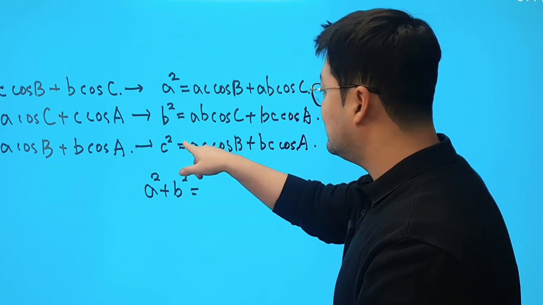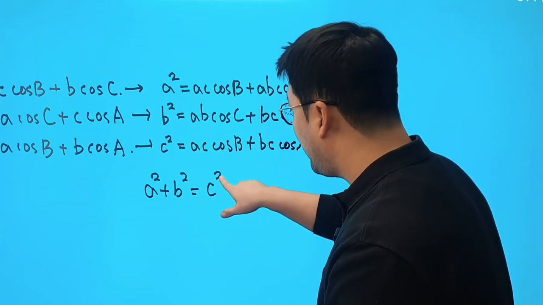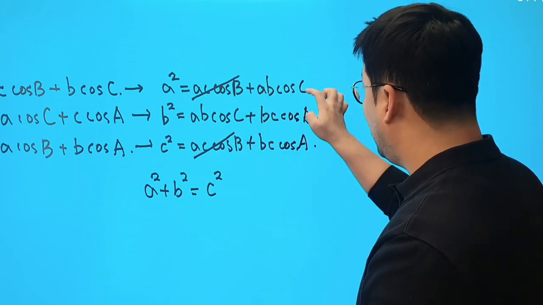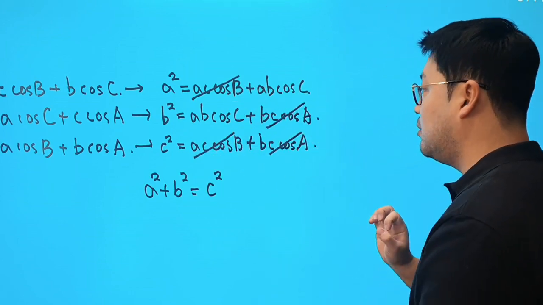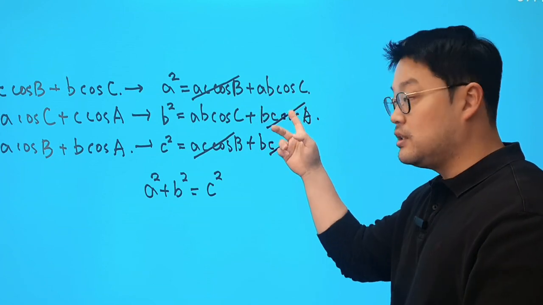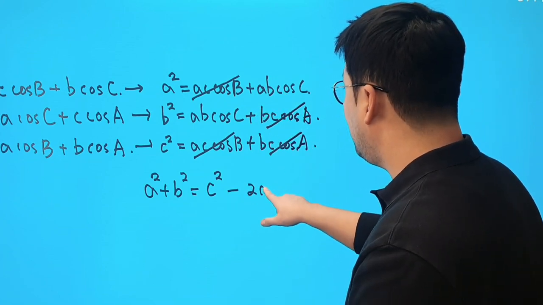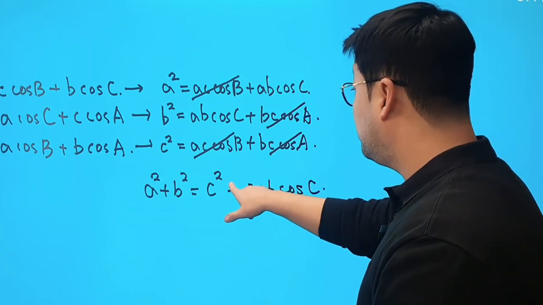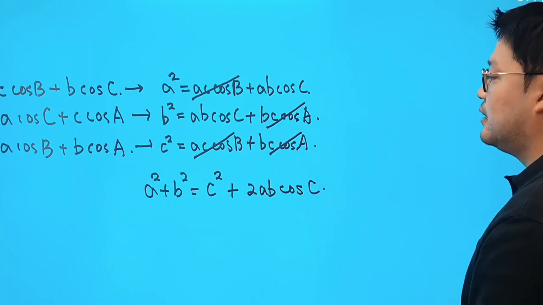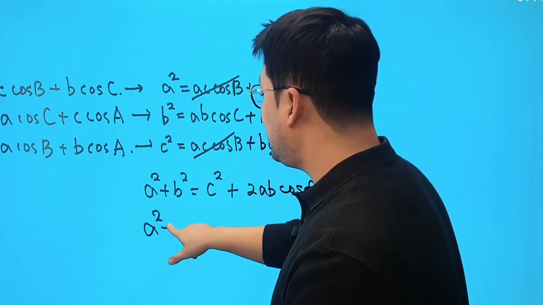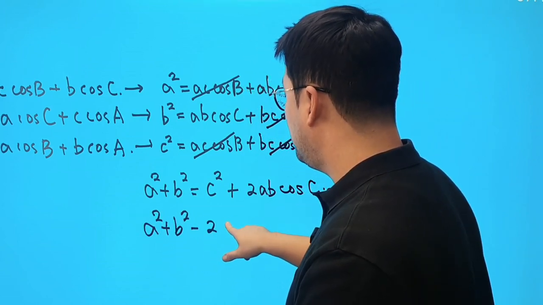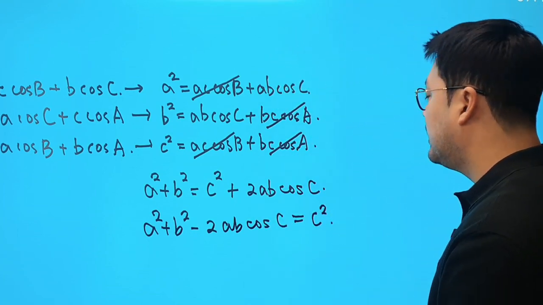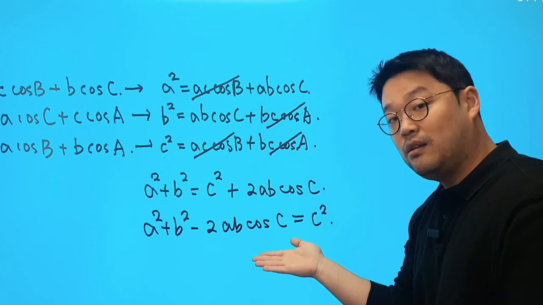Now you can check that there's a c squared, that's ac cosine B, and there's bc cosine A, but there's the remaining two terms, the ab cosine C. So what do we have? a squared plus b squared minus 2ab cosine C equals c squared, and this shall be the second law of cosine.